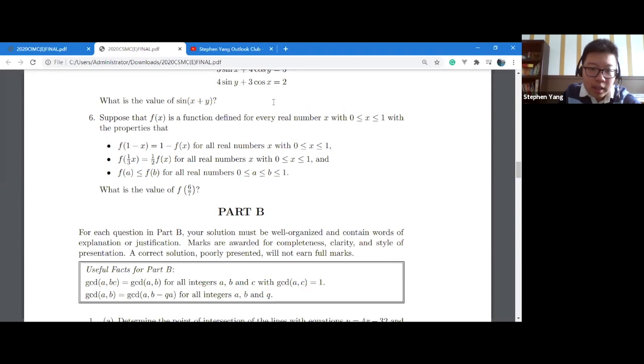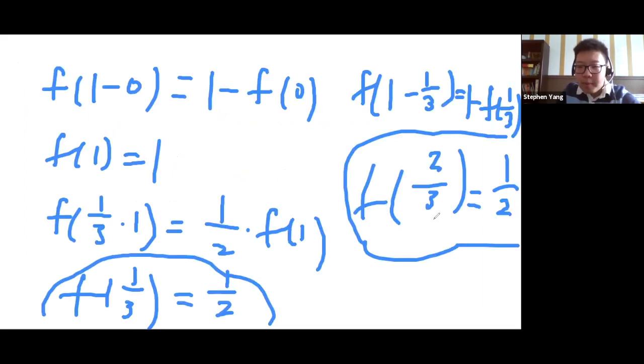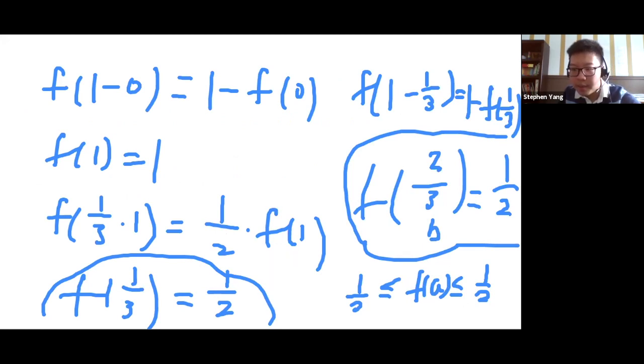Now what this means is that you let b equal 2/3 and a be any number between them, and we must have f(a) less than or equal to 1/2 by here, and f(a) also greater than or equal to 1/2, which means f(a) is equal to 1/2. Okay, yeah, that makes sense.